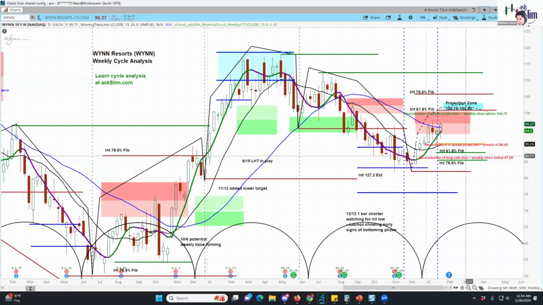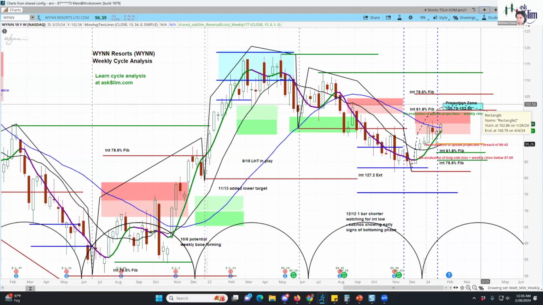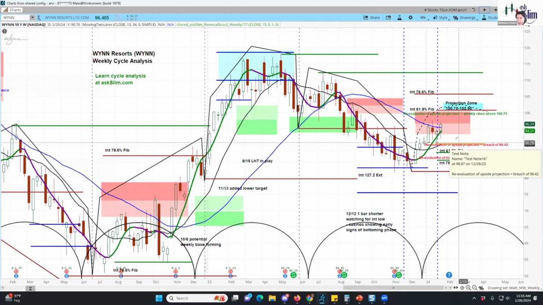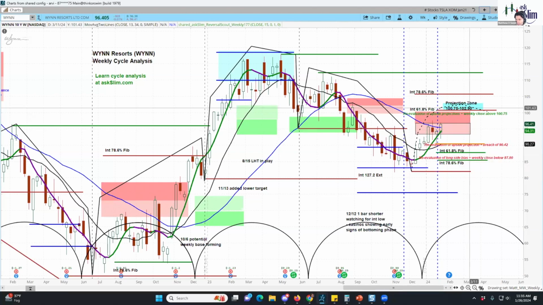We're looking at over the next 3 to 8 weeks that we would get up into this projection zone up here, first testing that 61.8 intermediate fib around 100.75 and getting up close to about 103 is what I'm looking for at this point. And if we got a breach of that prior cycle low, that would require reevaluation of this projection zone, but not necessarily eliminate the long side bias until I would see a close below the 61.8.